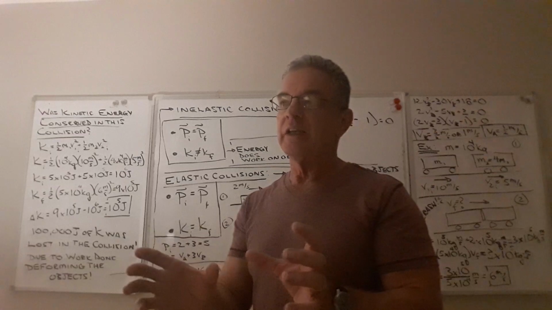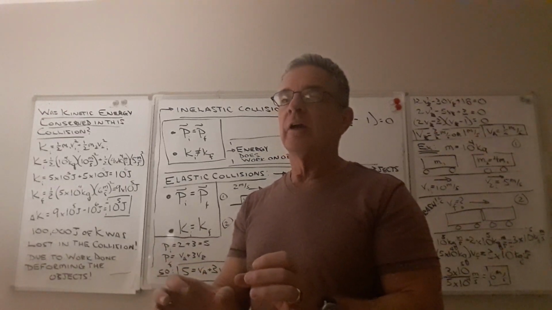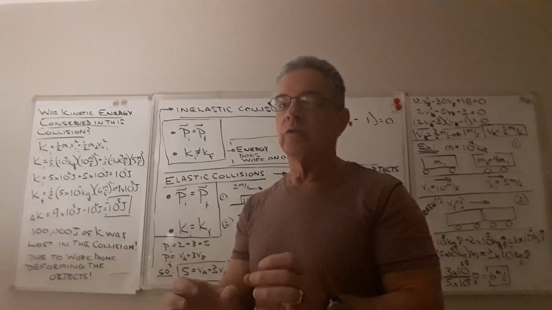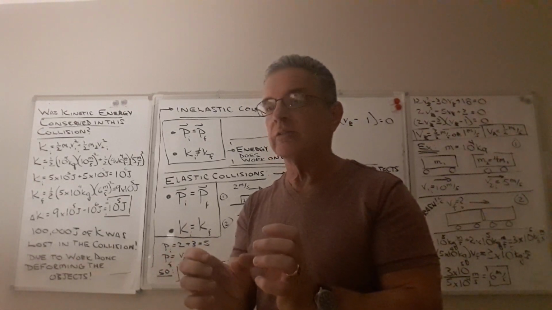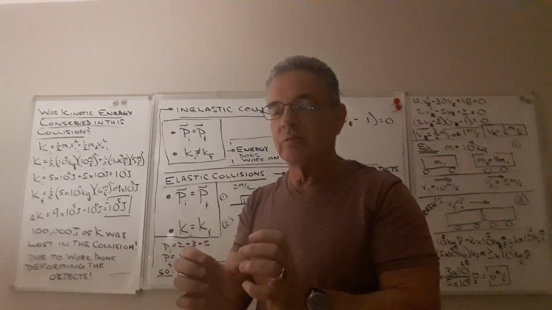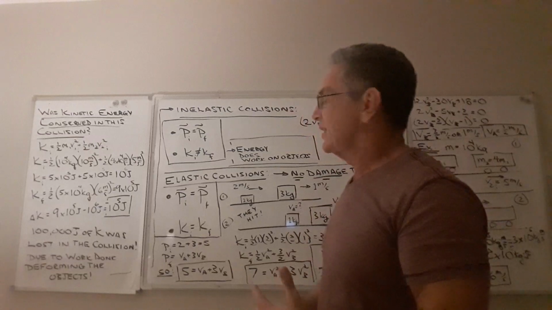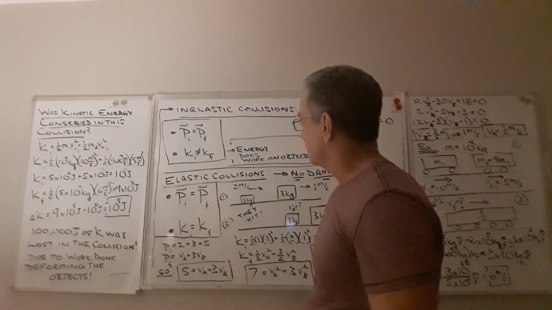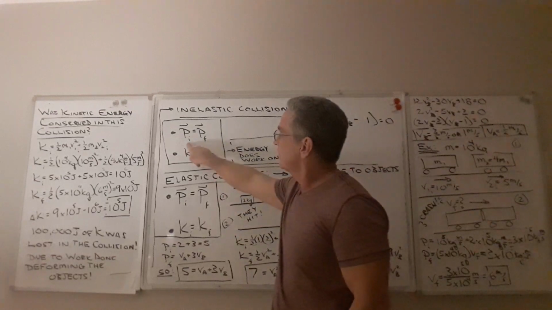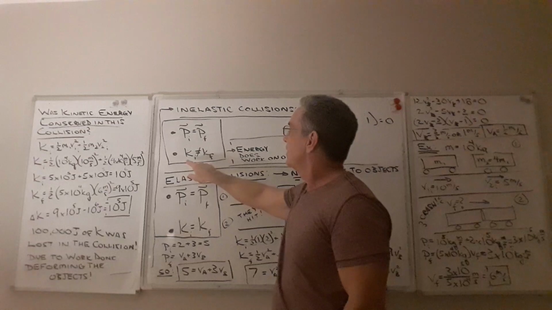So they leave with the same geometry that they met each other, and whatever energy was used during the compression of the objects is regained as they spring apart. So there's no net work done on the objects due to deformation. That means that the momentum is conserved, but also the kinetic energy.